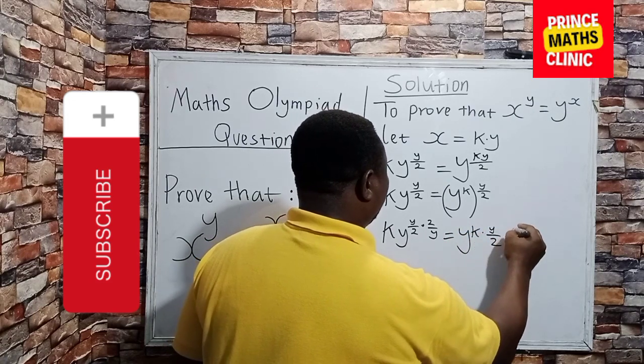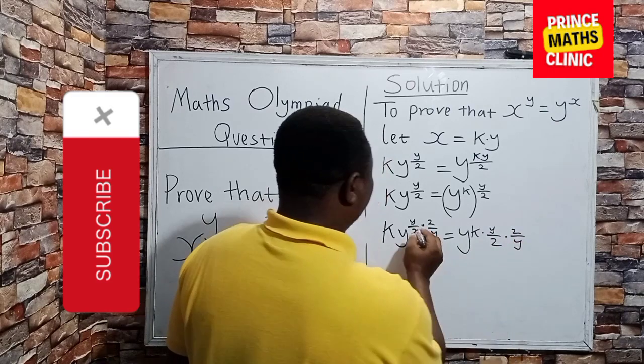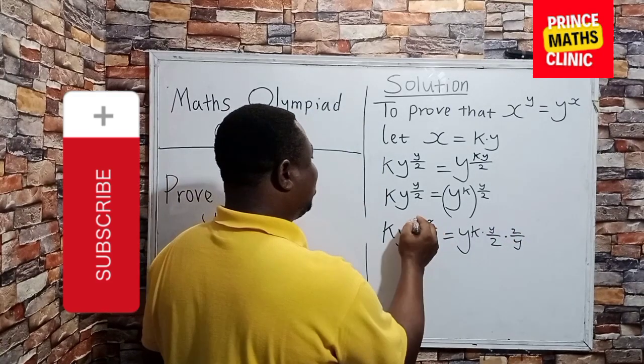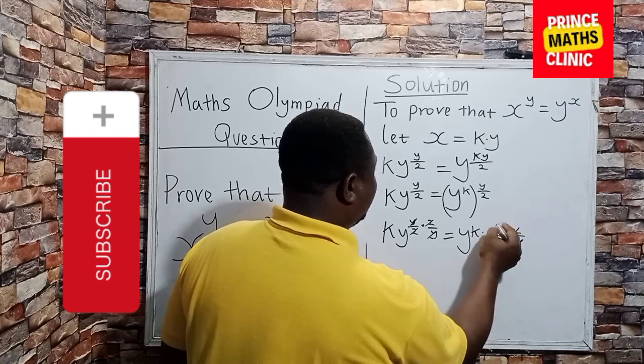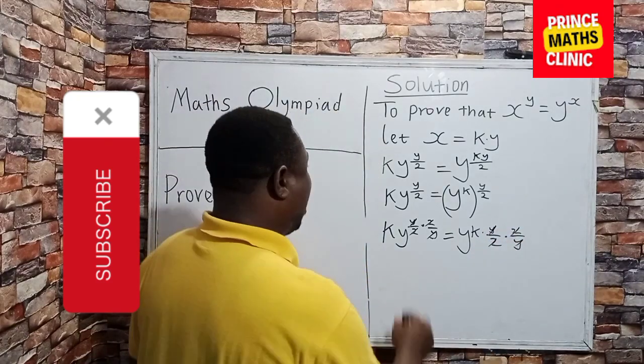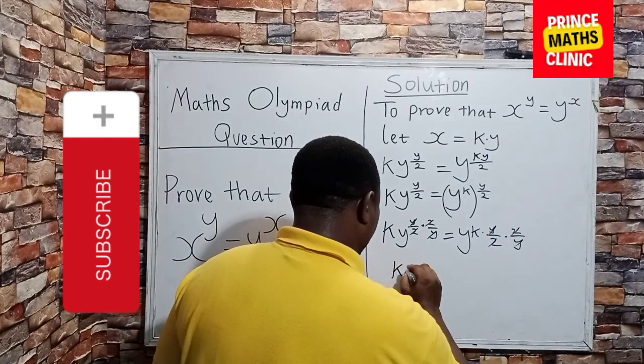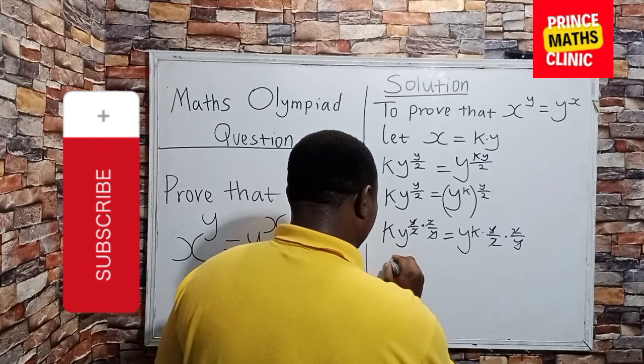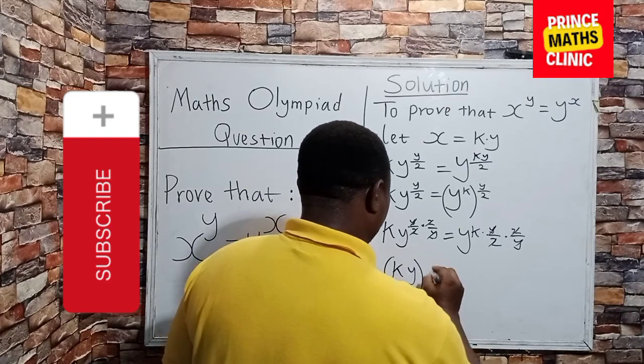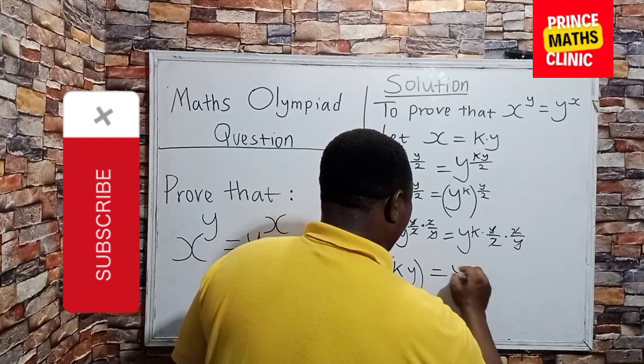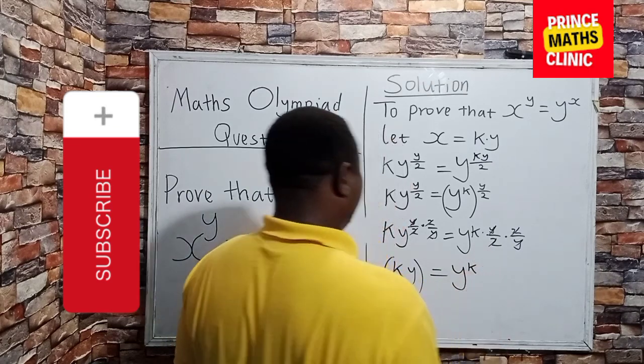Y over 2 here will also multiply 2 over y. So that 2 cancels 2, y cancels y in both sides of the equation. So I'm left with ky equal to y to the power of k.